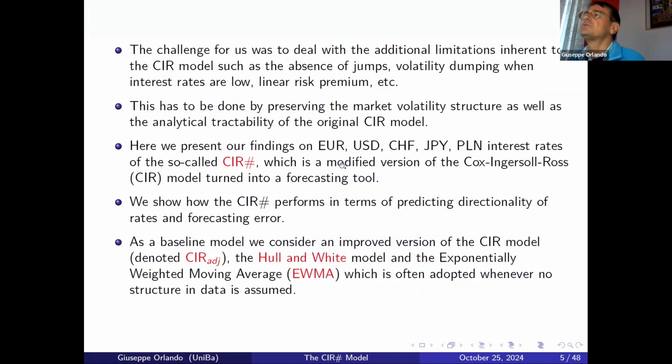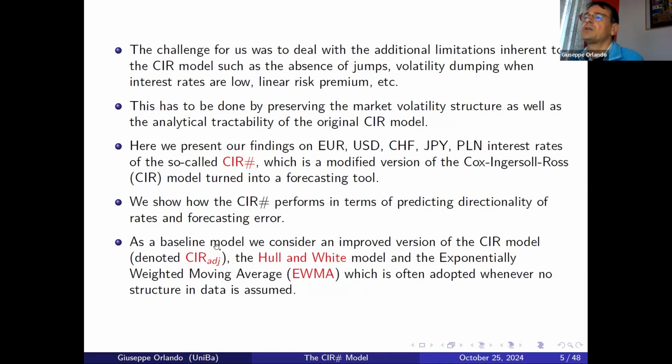So I will present the results of this model based on those currencies for several tenors: the euro, the US dollar, the Swiss franc, the yen, and the Polish interest rates, as well as an application in other contexts. So not only on interest rates, but also on tourism.